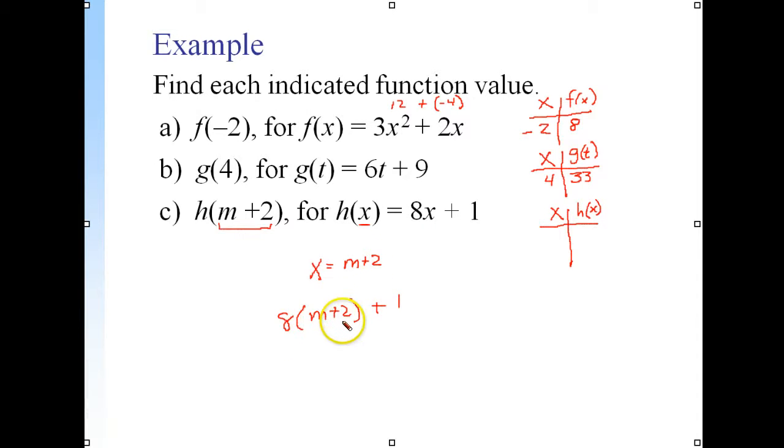So we put it like so. Now we have to distribute, and we get 8m plus 16 plus 1. So our answer over here, when x is m plus 2, is going to be 8m plus 17.